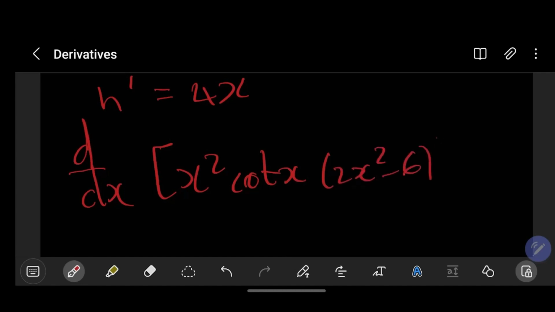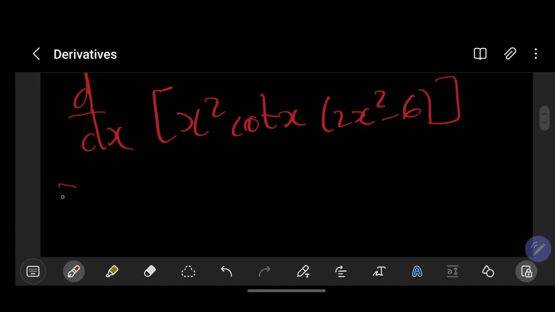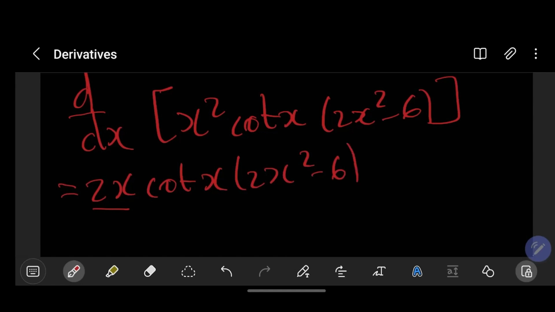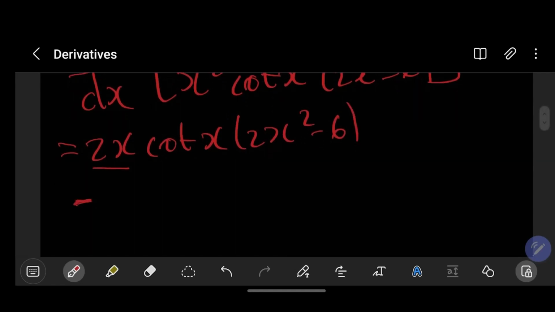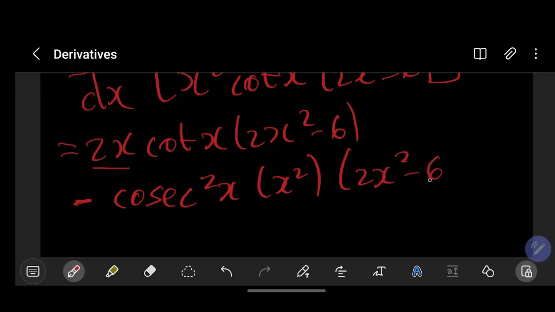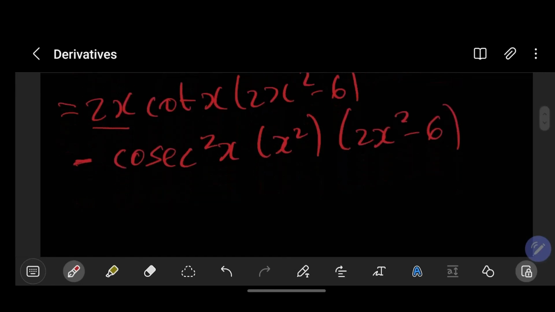Okay, so now if we want to find d by dx of x squared cot x times (2x squared minus 6), that can be 2x cot of x, so we took f prime here, cot of x times (2x squared minus 6), minus, now we're going to take our g prime, which is minus cosec squared x times x squared times (2x squared minus 6), so that's your f and your h.